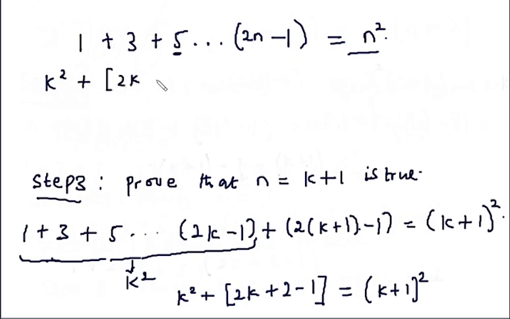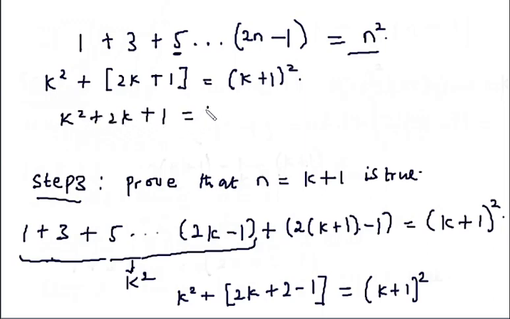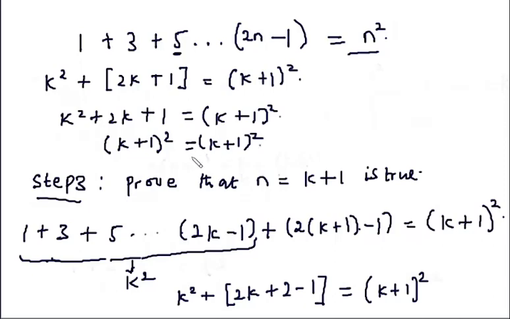We have k squared plus 2k plus 1, and then this is equal to k plus 1 squared. We can factorize this to be equal to this side. If we factorize this, this would be equal to k plus 1 squared, and this is equal to k plus 1 squared. So that shows that n is equal to k plus 1 is true.